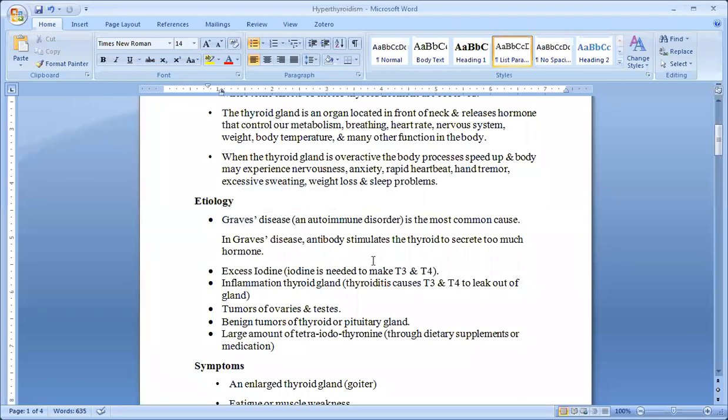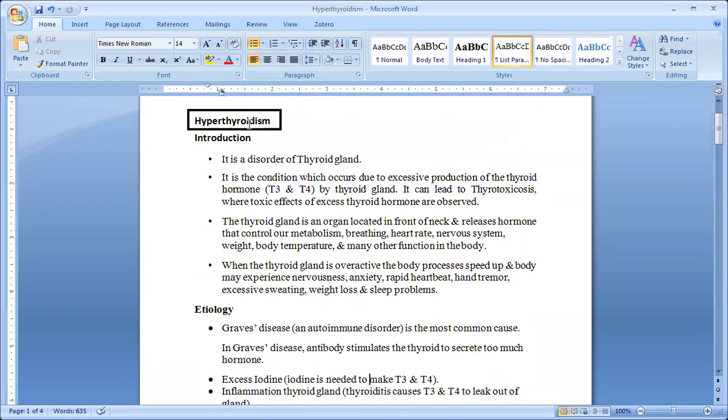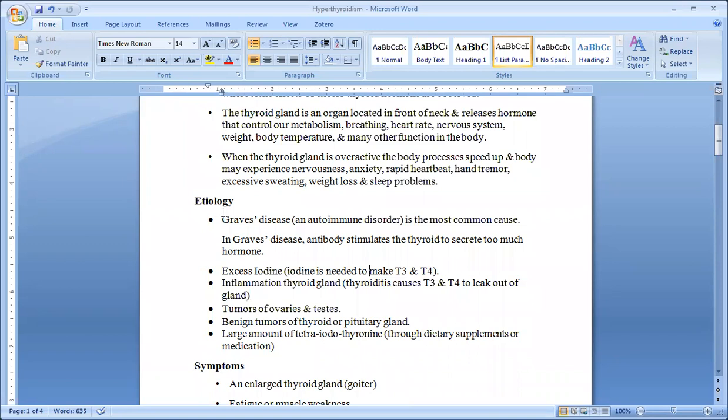Our own antibodies stimulate the thyroid to secrete too much of the hormone, and due to that it is prone to hyperthyroidism.